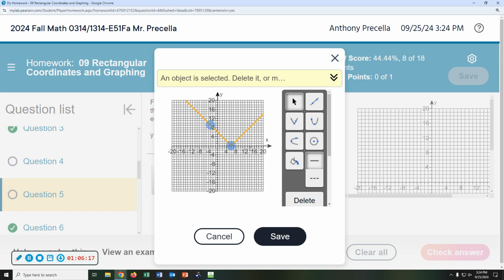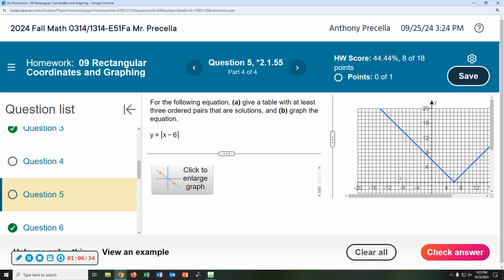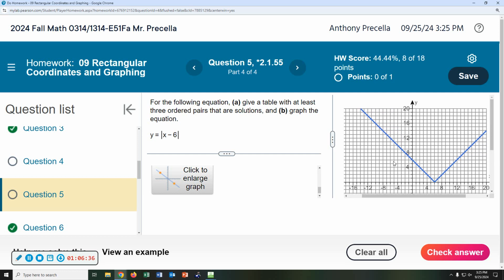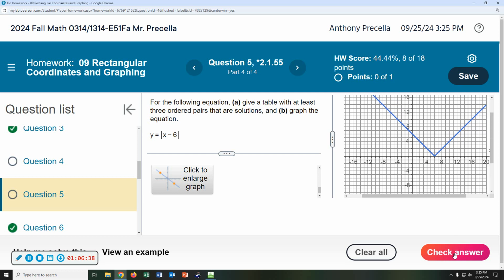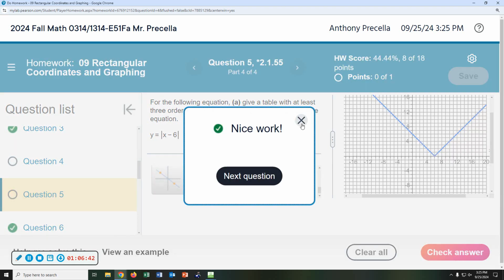At this point, it won't show the points, but you'd still get the same V-shaped figure if you had plotted 14, 8 instead of -3, 9. And we're going to check our answer. Any questions there?